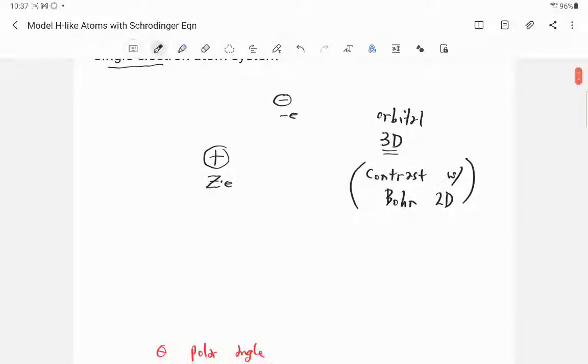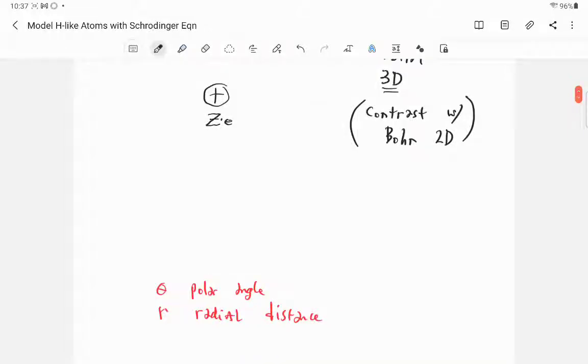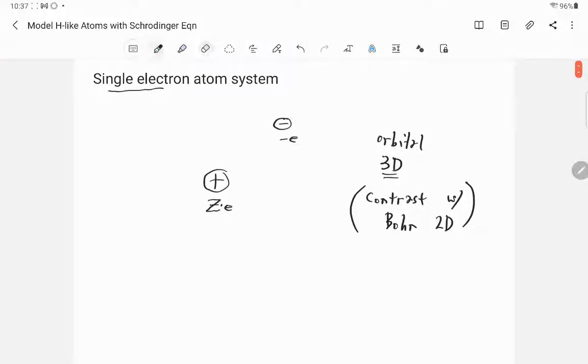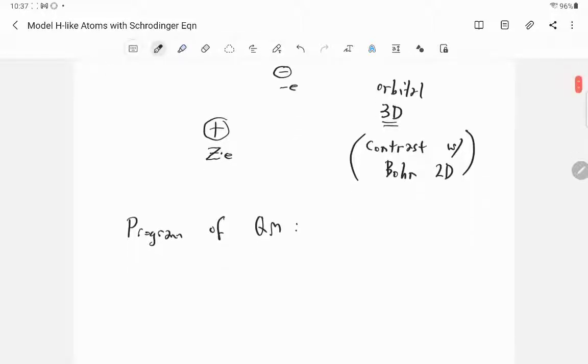So what we're going to do, oops, I forgot to erase this stuff here. What we're going to do is just follow the program. Remember, the program of quantum mechanics is to figure out the potential energy function.